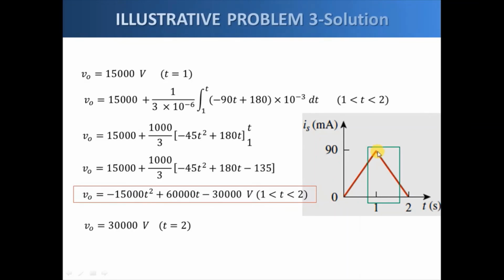So the voltage varies from 0 to 15,000 volts. And then as current decreases from 90 milliamps to 0, the voltage actually keeps increasing and reaches a maximum value of 30,000 at 2 seconds.